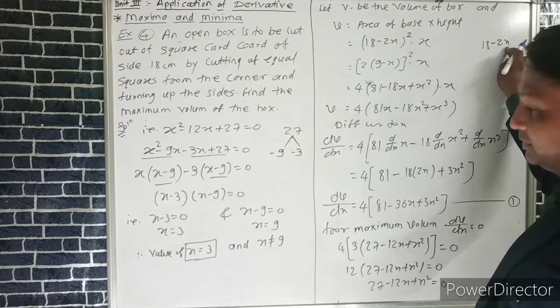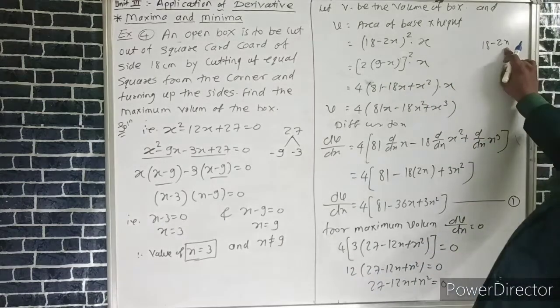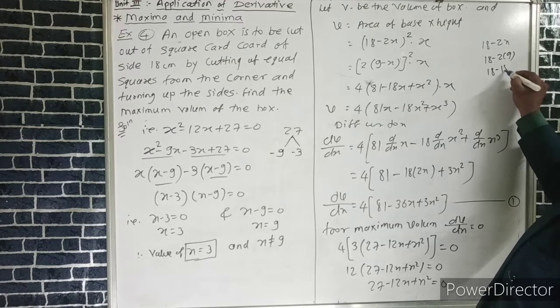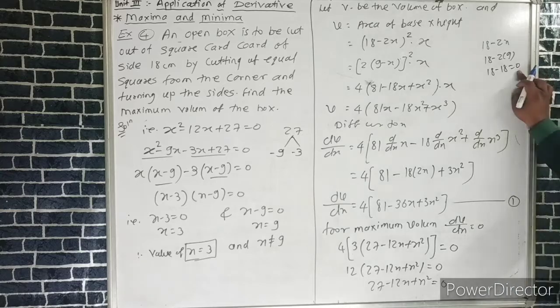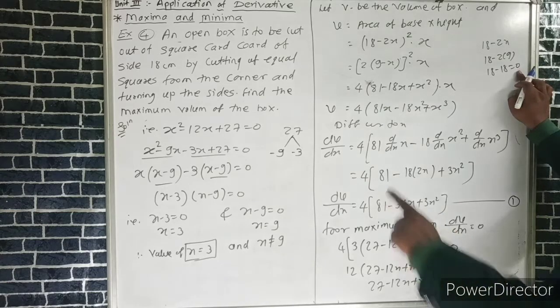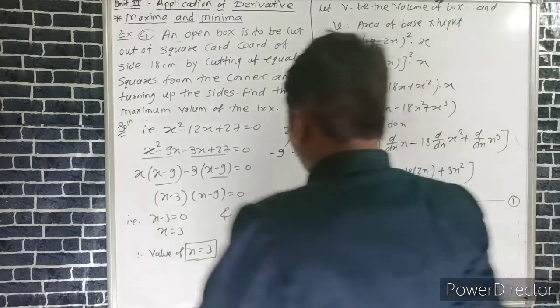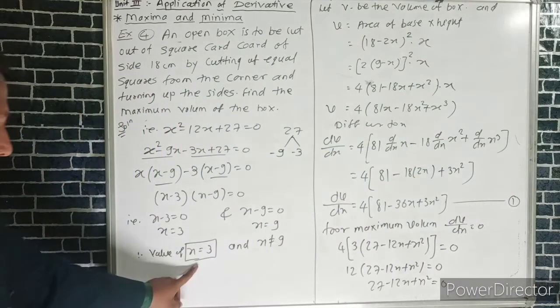If x is 9, then we can write 18 minus 2 into 9, 18 minus 18 is equal to 0. It is not possible that the side of any square is 0. Hence the value of x is not equal to 9, only x is equal to 3.